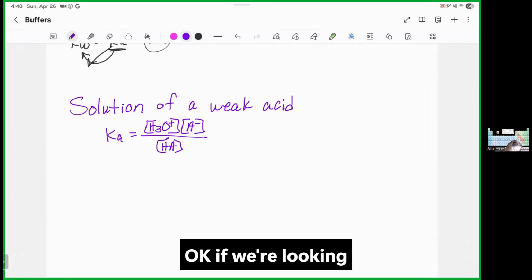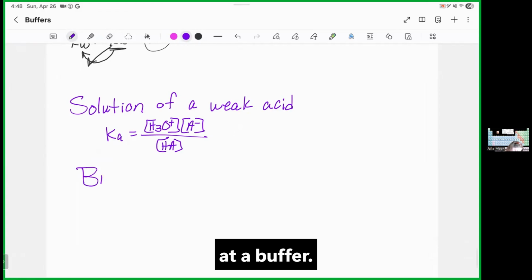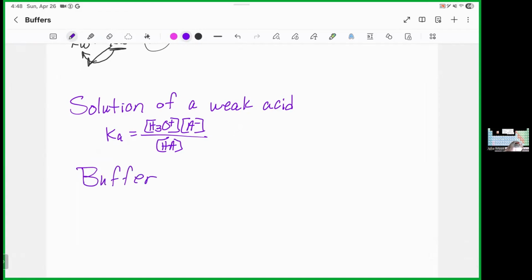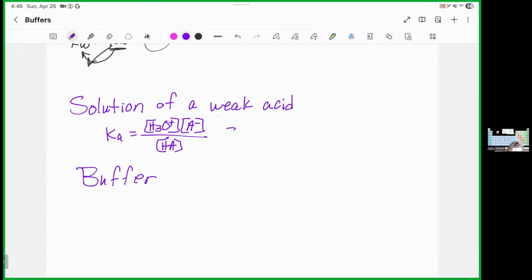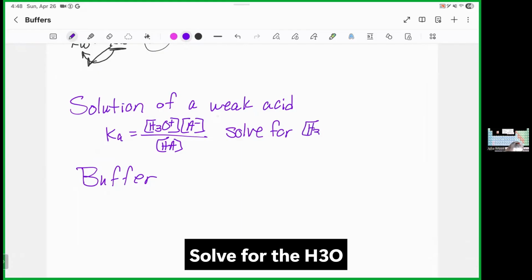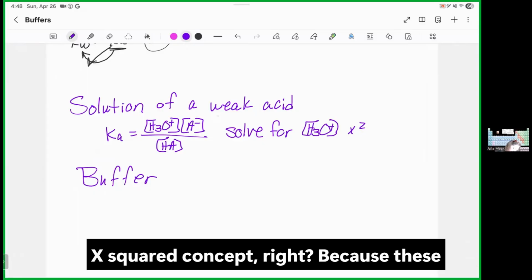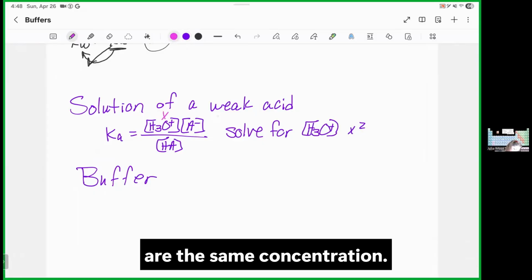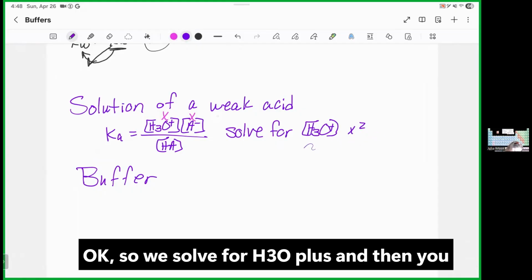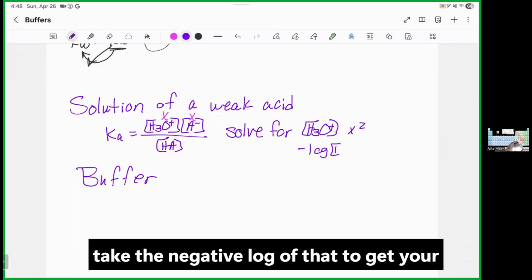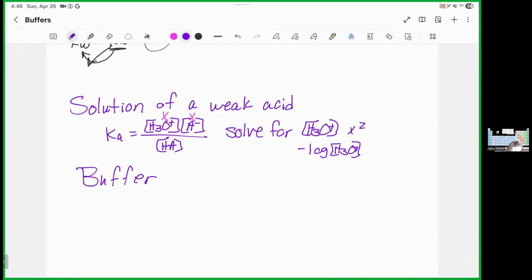Okay. For this one, you solve for the H3O plus using that X squared concept, right? Because these are the same concentration. So we solve for H3O plus, and then you take the negative log of that to get your pH.